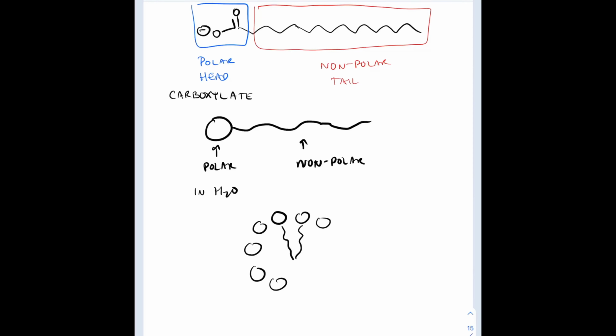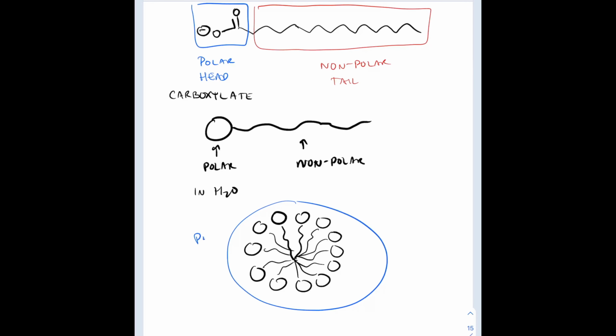I'm better at drawing circles in a circle if I do that first. Now you get the idea, right? So the outside, this region right here, is the polar portion, and this is interacting with water.